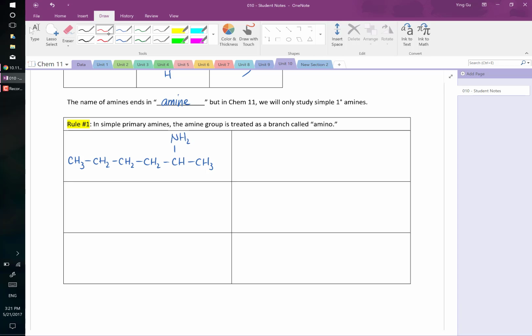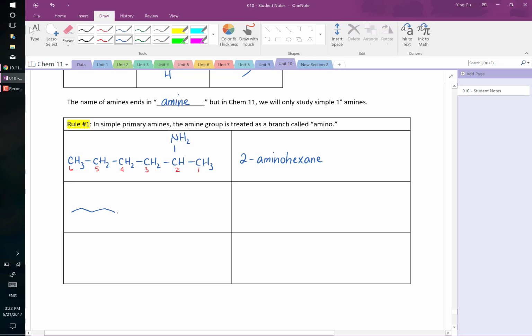So we number off the main chain in a way such that the branches get the lowest set of numbers. That NH2 group is on carbon 2. We write 2 dash, and the name of NH2 when it's a branch is called amino. So this is 2-aminohexane because it's an alkane chain.